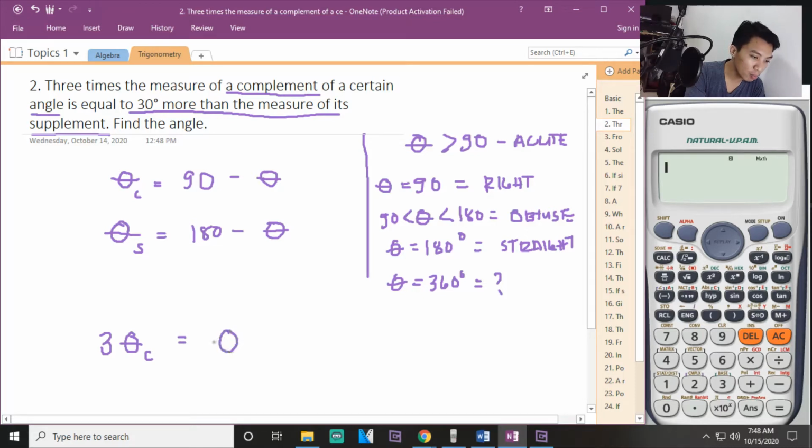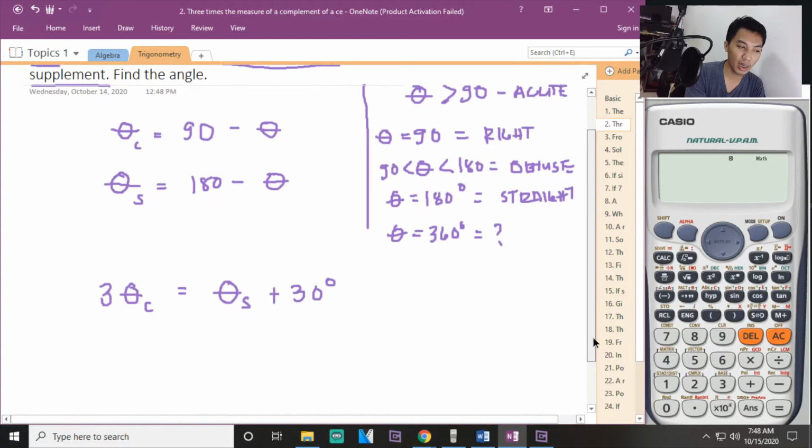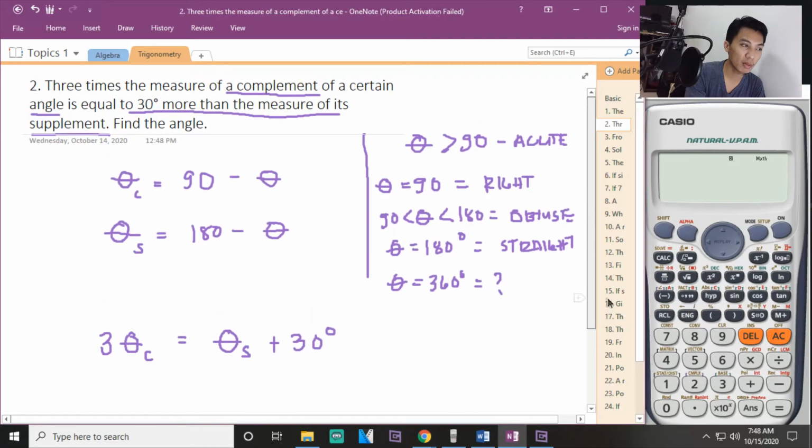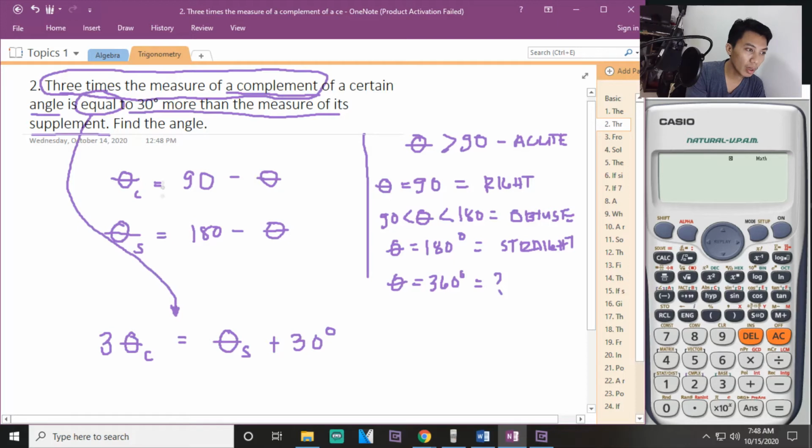O, the supplement plus 30. Okay, ganun siya ginagawa algebraically. Tandaan mo, meron kang 3 times the measure of a complement. Yung condition mo. Condition 2 is equal. O, maglagay ka na ng equal. Ilagay natin equal to 30 more than the measure of its supplement.